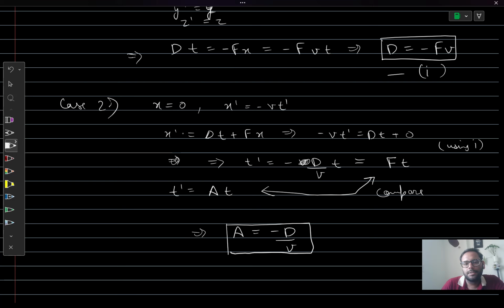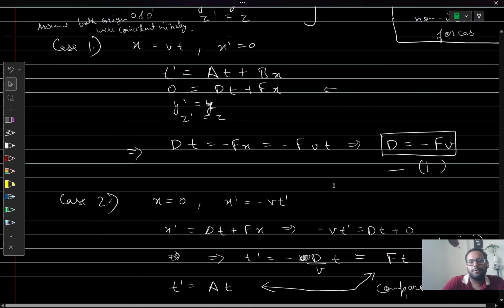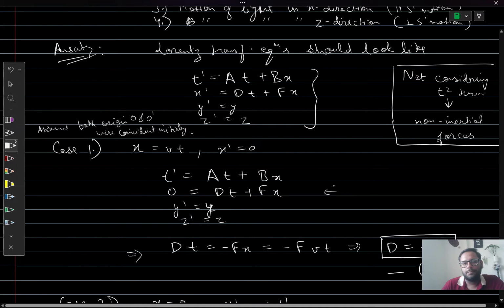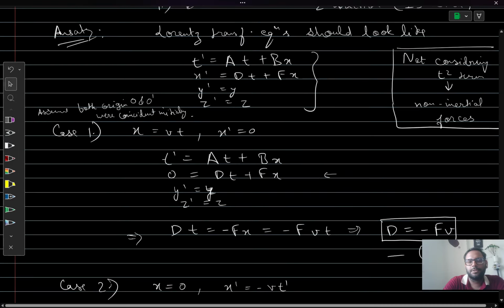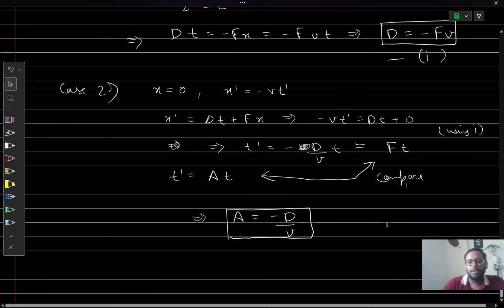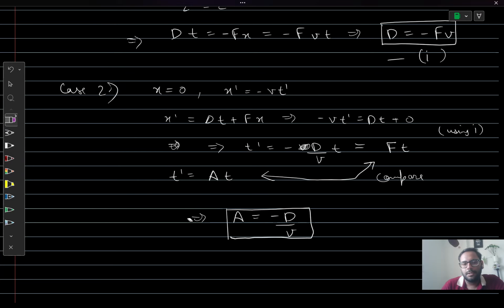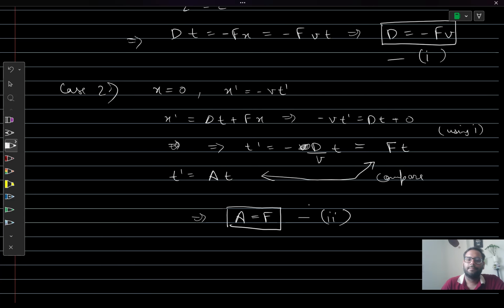This equation is arising from the x prime equation, and this equation is arising from the t prime equation. These are both different Lorentz equations. Now you compare both, and you will find that a and f are equal. This is my second constraint equation, right?